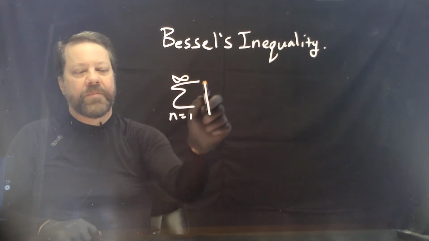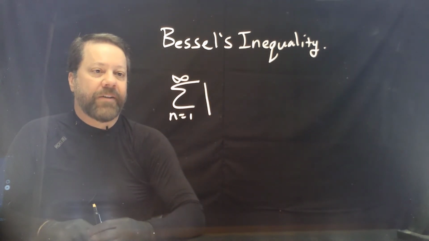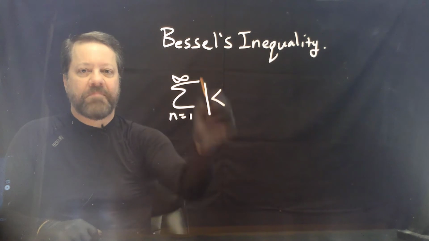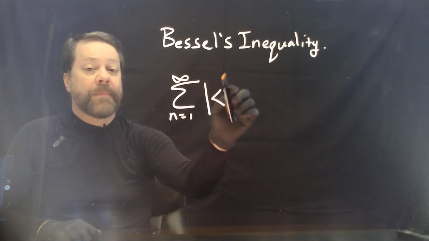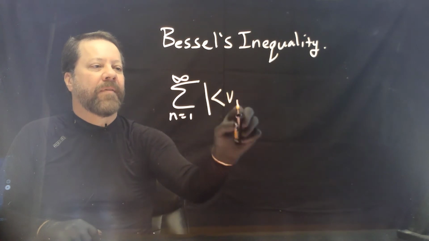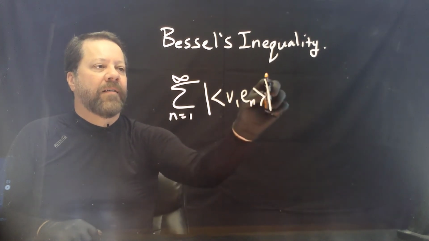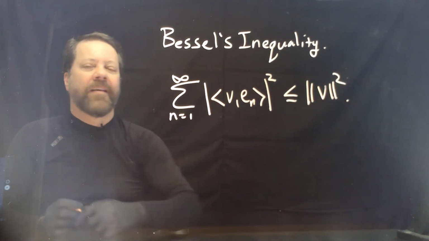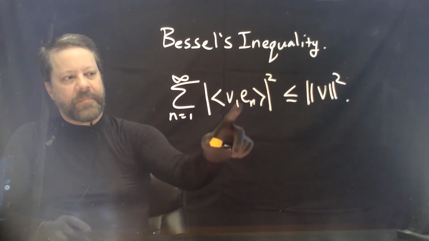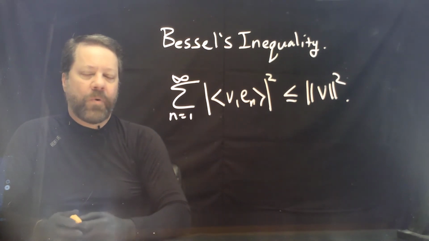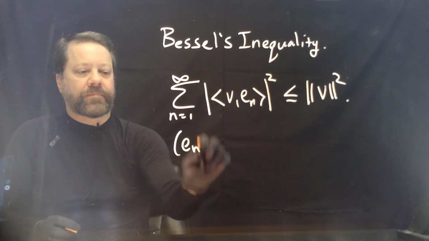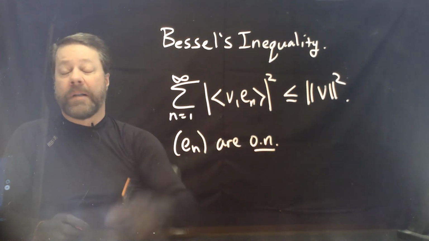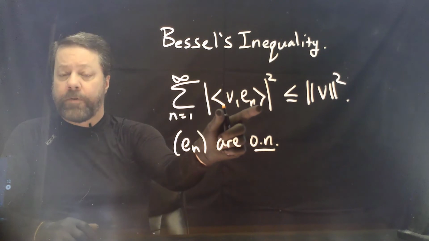if you take these inner products, which might be complex valued in some settings. So this will be the modulus, the complex modulus, absolute value in the complex domain. And the idea here is, if the En's are some orthonormal sequence, they're orthonormal, so they're normalized, these would be the Fourier coefficients.